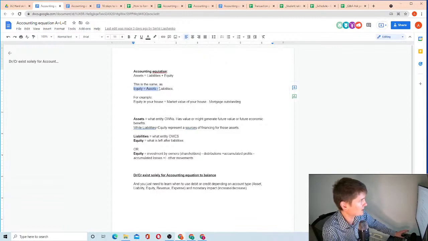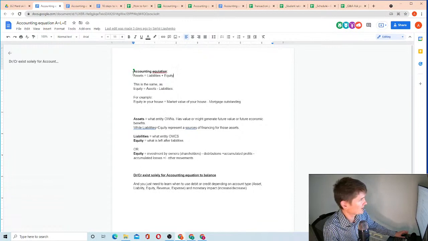The same concept works for the balance sheet and the accounting equation. Basically, what you own, which is an asset, less what you owe, which is a liability, is your equity. But usually on the face of the balance sheet we have assets on one side, and liabilities plus equity on the other side.